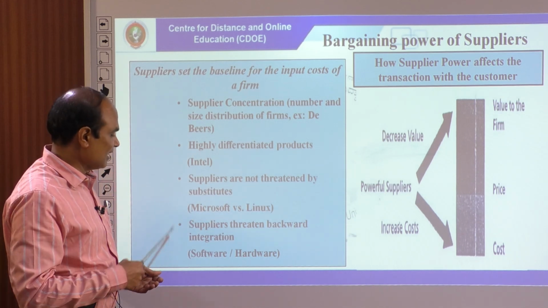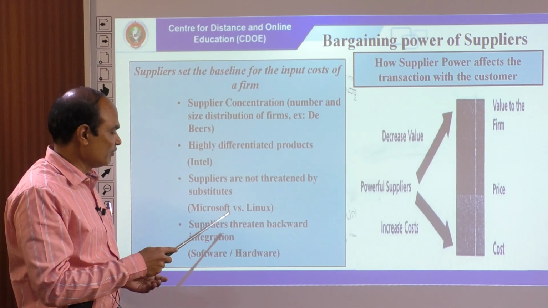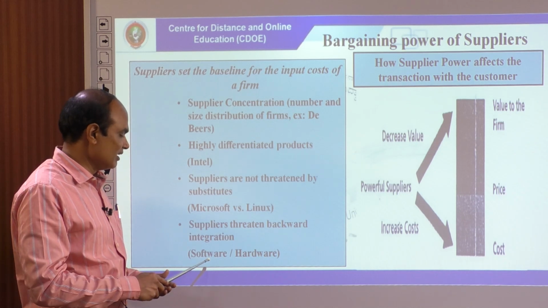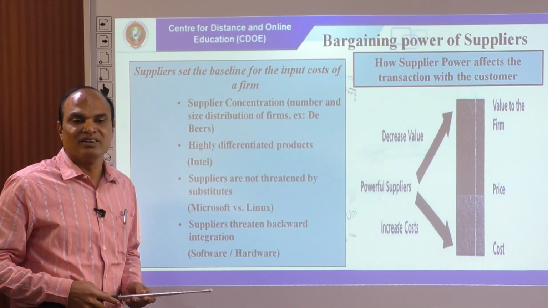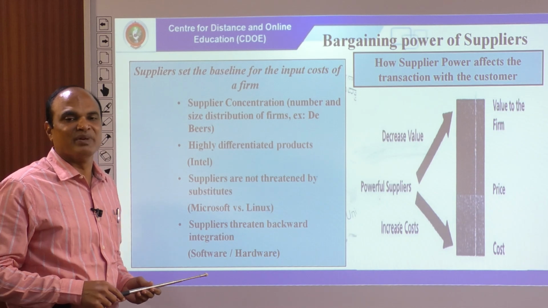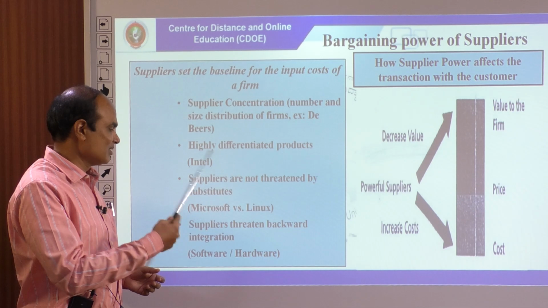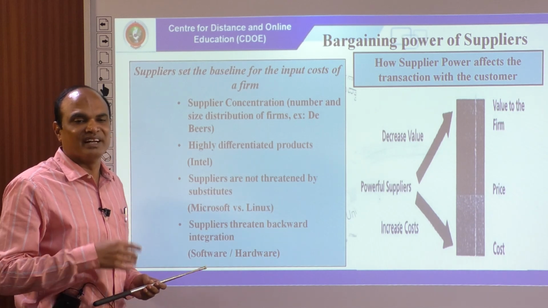Then the last point here is that suppliers threaten backward integration. Software vendors threaten to venture into making hardware, and hardware manufacturers always threaten to get into software.